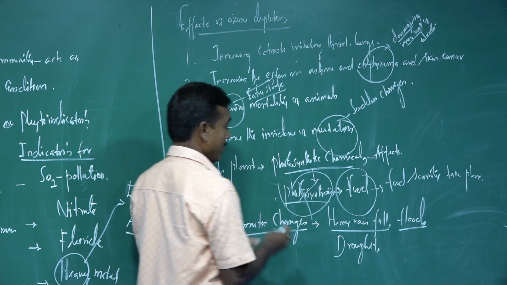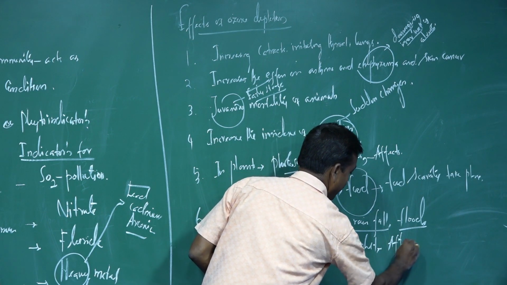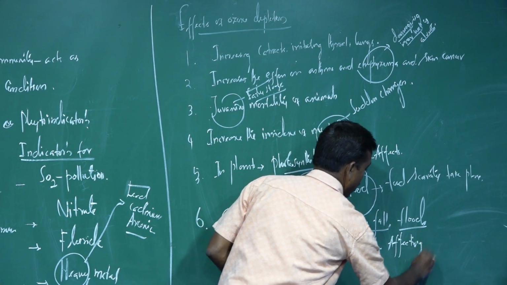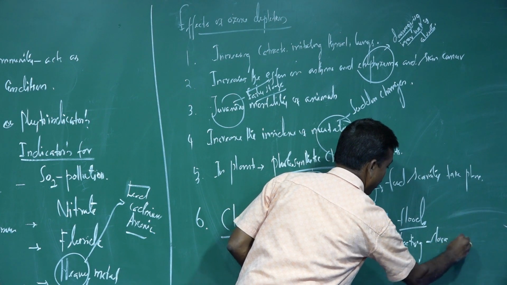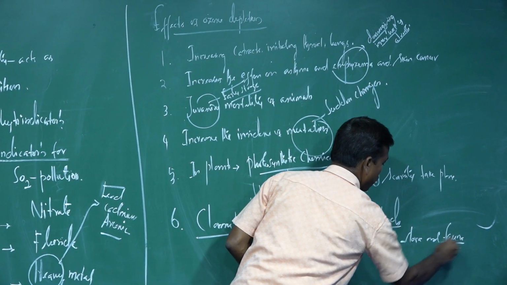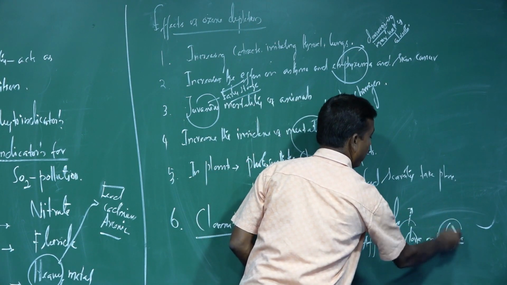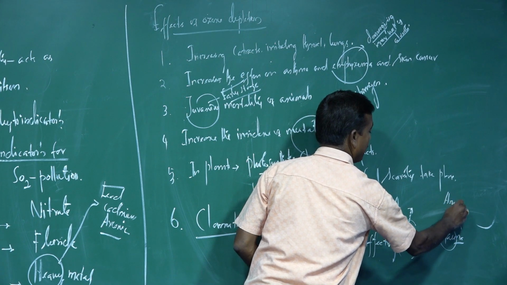In addition, flora and fauna are affected. What is flora? Flora means plants. Fauna means animals.